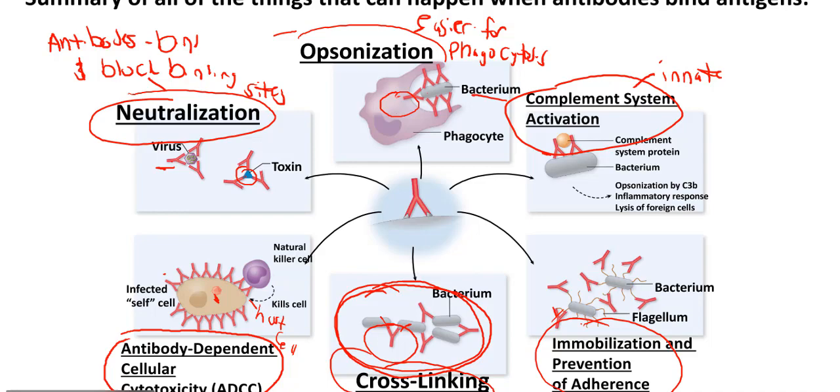Antibodies can coat all the way around the host cell. And when this happens, this signals for natural killer cells to come in. Natural killer cells will secrete cytokines, and this infected cell will know to kill itself by apoptosis in order to prevent the spread of this virus.